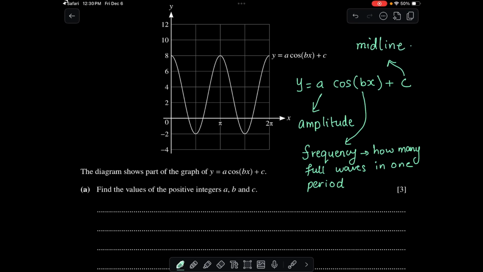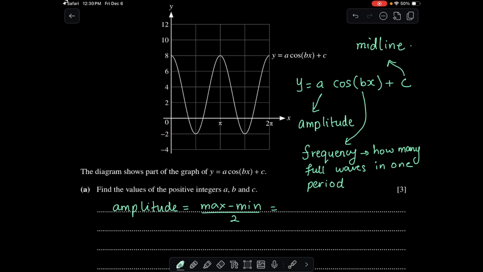Now to find A, the amplitude, you will first have to either find the midline, or you may also like to use a formula. The formula for finding the amplitude is max minus min divided by 2. The maximum value in this graph is 8 and the minimum value is minus 2.